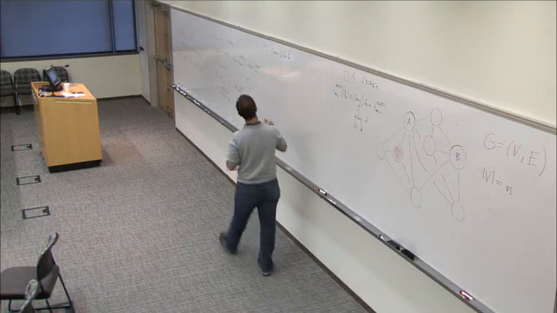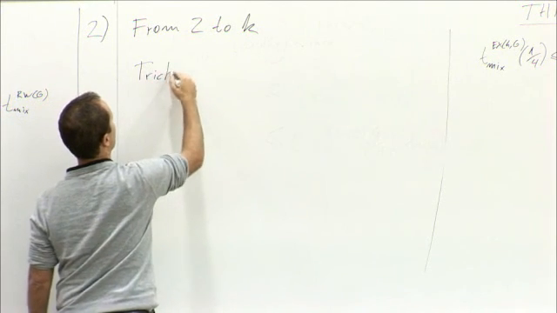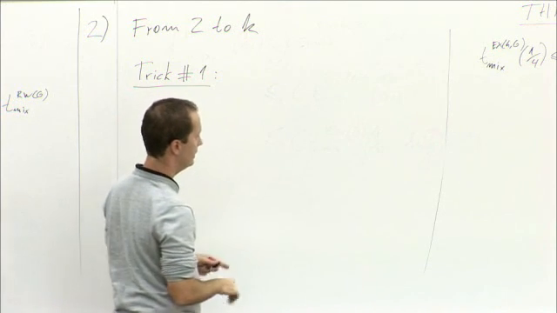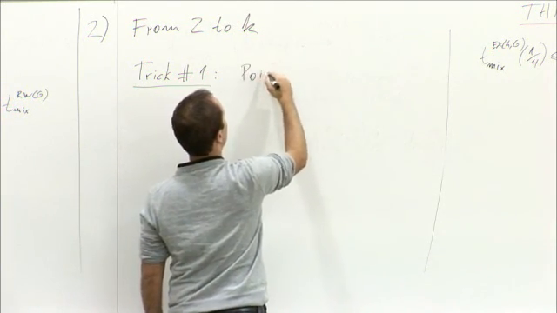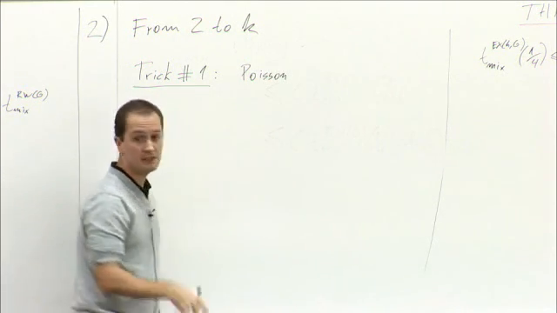Now you're going to do a series of tricks. The first one is this. You remember that each edge had its Poisson clock, which rings at rate 1.